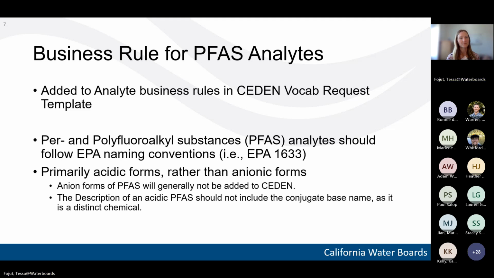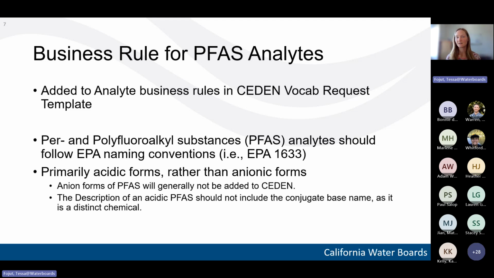Labs are supposed to be following the method, and their ELAP certification, they all use that acidic name, and they should be reporting out with those acidic names. So we want the database to be consistent with those requirements, and then everything lines up.